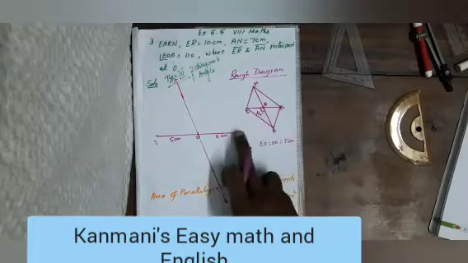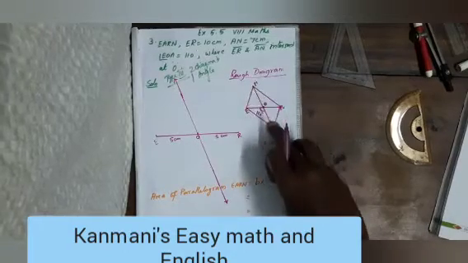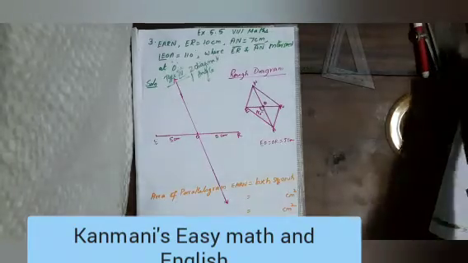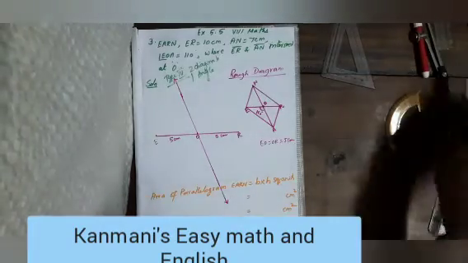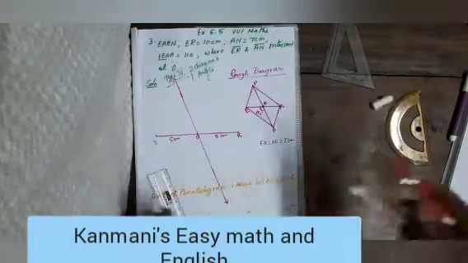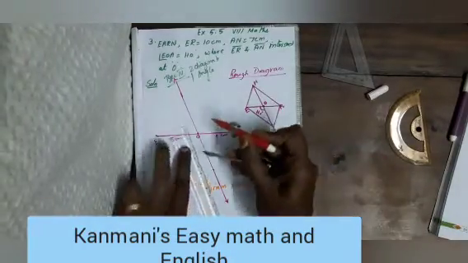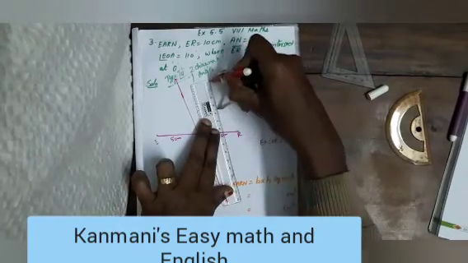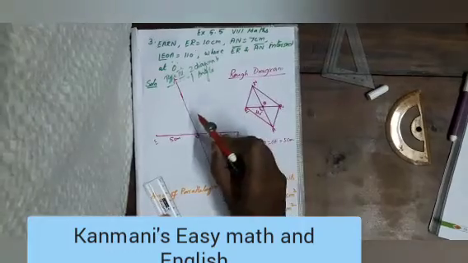Now what about the diagonal AN? It is 7 centimeter. So what is the half of 7? It is 3.5. So we are going to take the half of the other diagonal AN. 7 by 2 is 3.5. So let us take 3.5 in our compass with O as center.